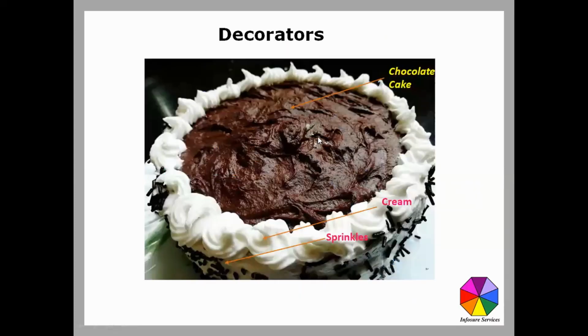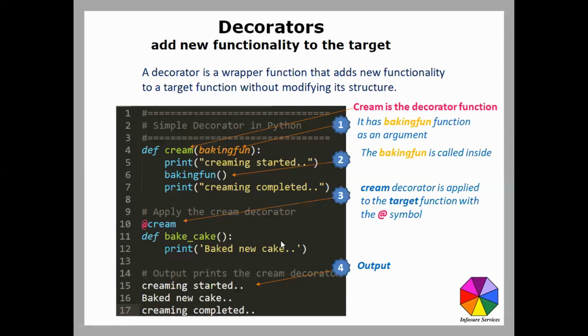I put this picture of a cake which my wife bakes. The underlying cake is the underlying function. On the underlying target function, you can apply the cream and sprinkles decorators with the at symbol. You can have multiple layers of decorators. Yes, you can have multiple decorators.